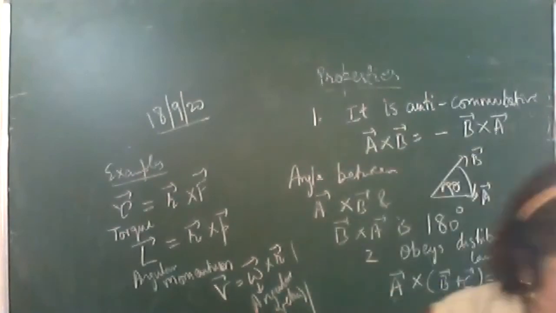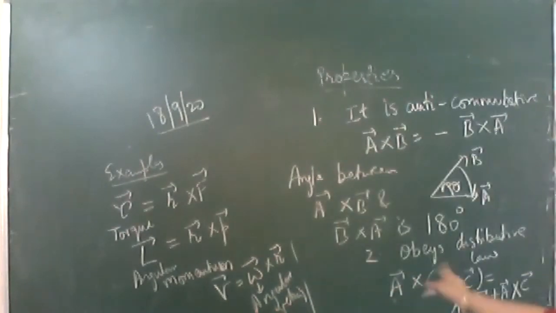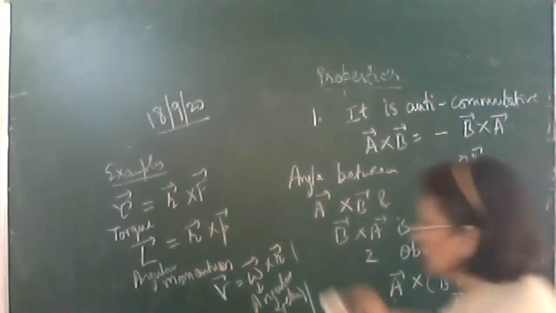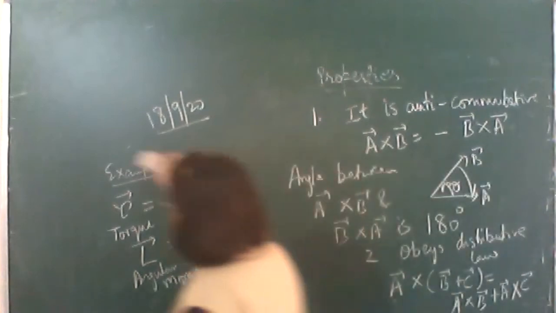Okay, next property. No need to prove it. Just write down. This is the second property. Now the third property.